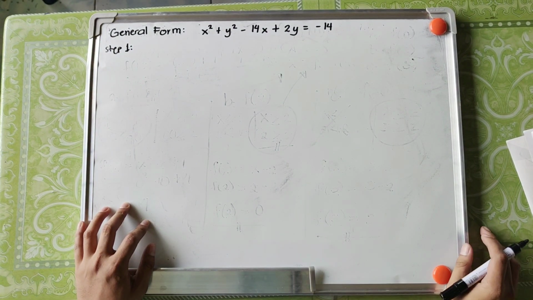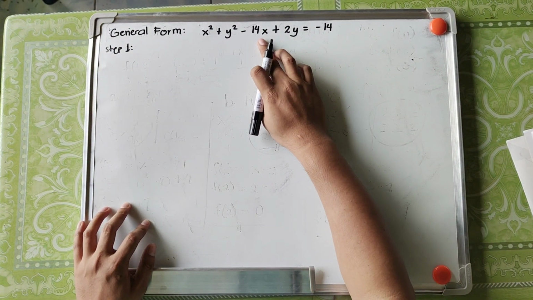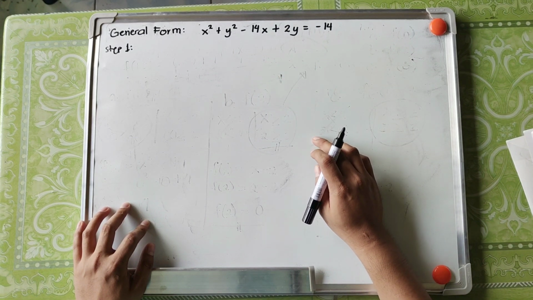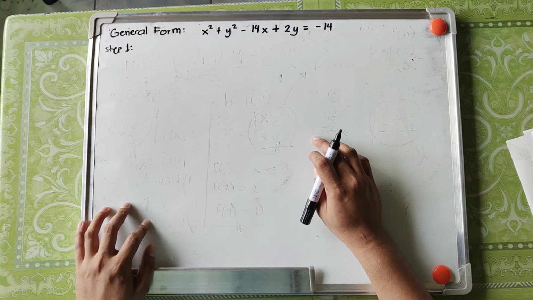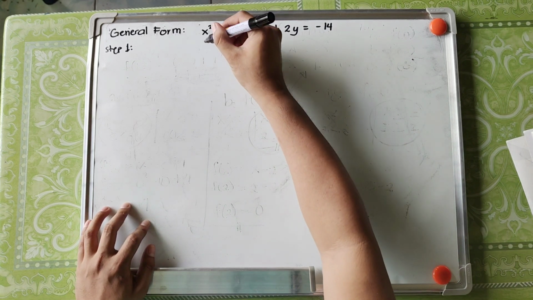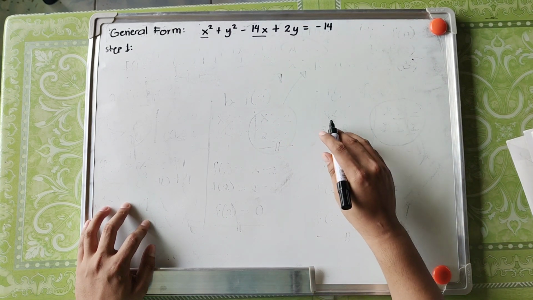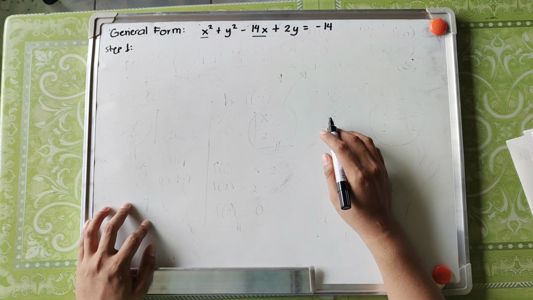In step 1, we have to join the terms that have the same variable. In this example, which terms have the same variable? We have the x squared and the negative 14x. So we have to join them as one.